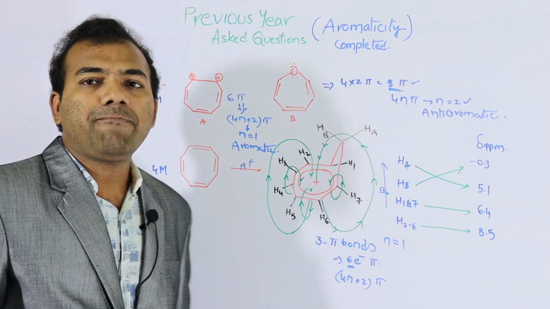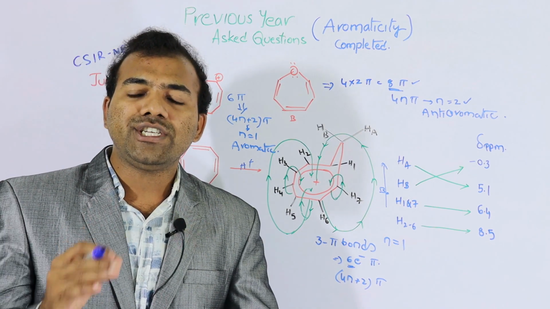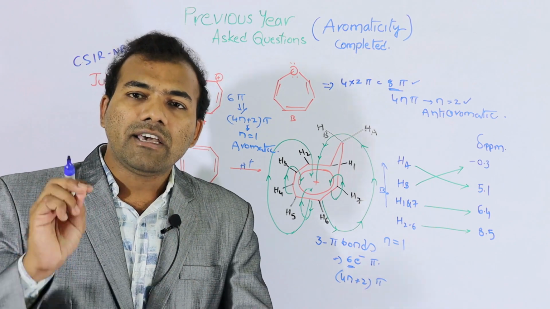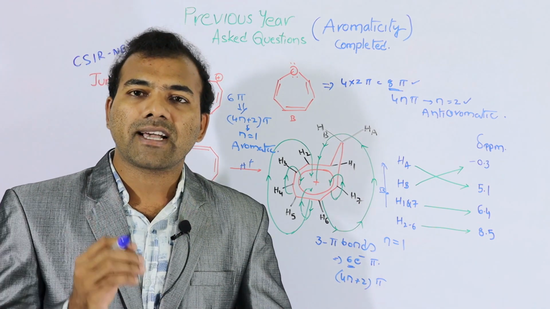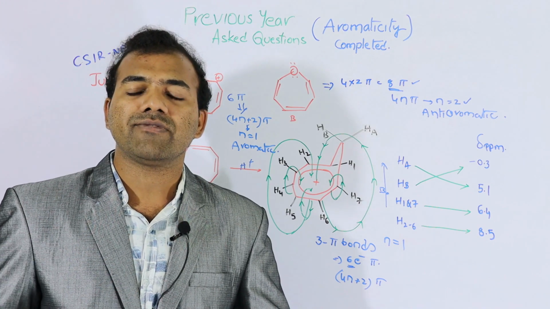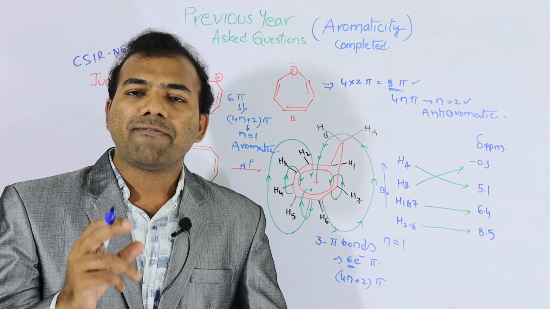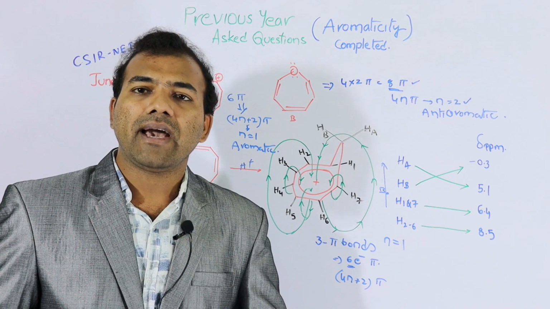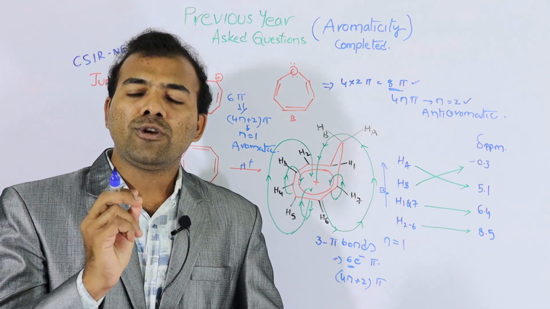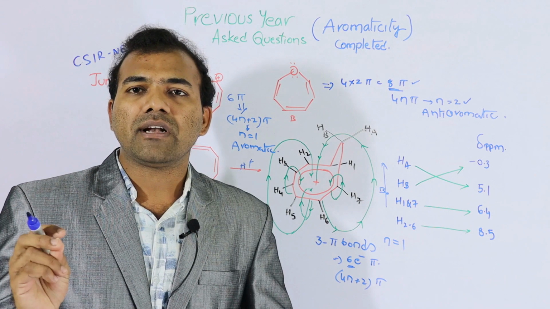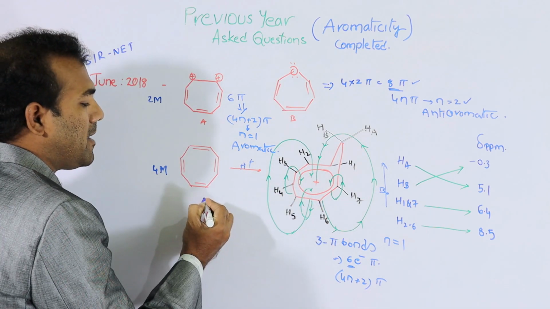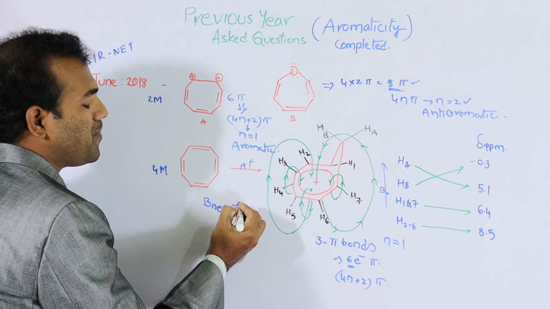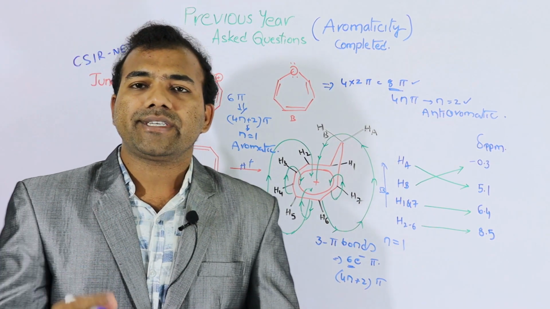We know that if the hydrogens are in the region of induced magnetic field, and if the induced magnetic field is parallel to the external magnetic field, then the chemical shift values of those hydrogens will be high. The effective magnetic field of those hydrogen atoms will be high, because the induced magnetic field and the external magnetic field are added. For these hydrogen atoms, the effective magnetic field is B net equal to, okay, I hope you understand.